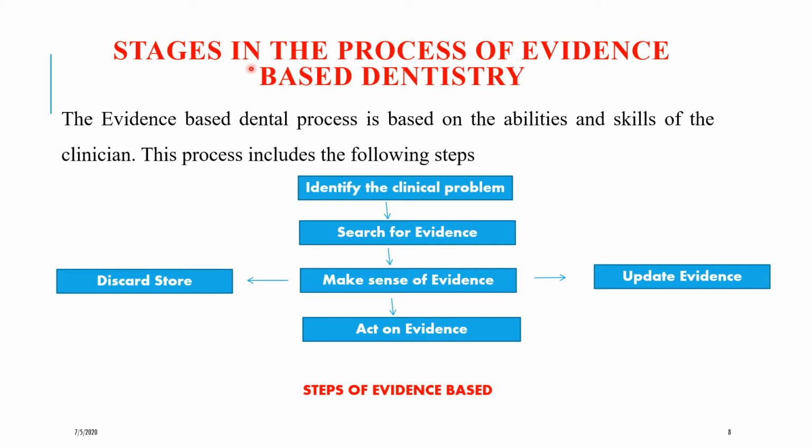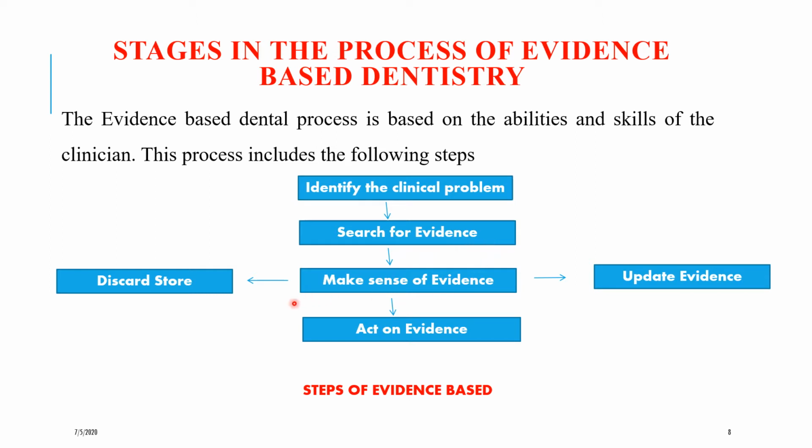Stages in the process of evidence-based dentistry. The evidence-based dental process is based on the abilities and skills of the clinician. This process includes the following steps. The first and foremost is to identify the clinical problem. Then go for searching of evidence.